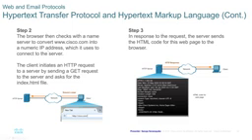The client initiates an HTTP request to a server by sending a GET request to the server and asks for the index.html file. Sometimes it is index.html, sometimes it's default.html. It can be configured on the server side as well.